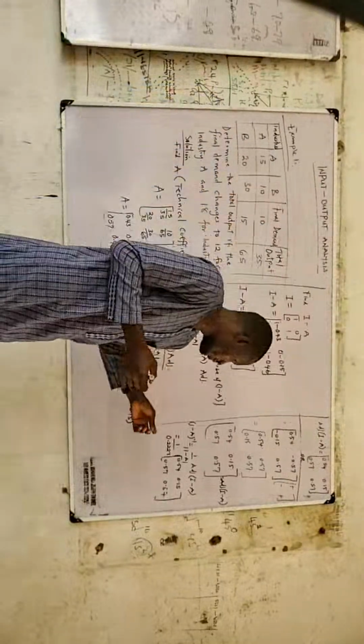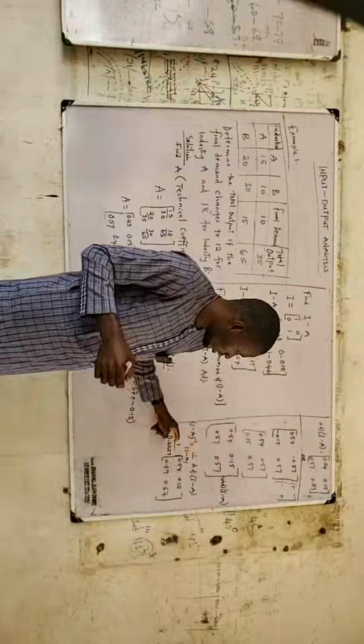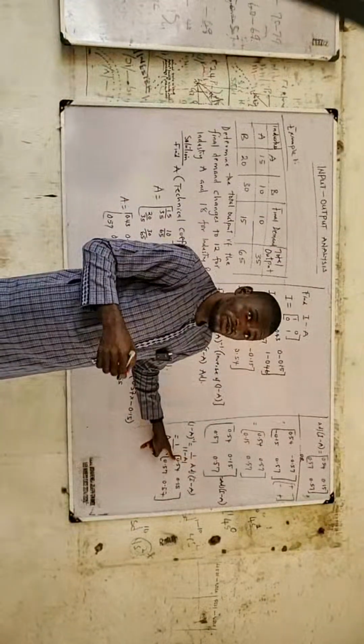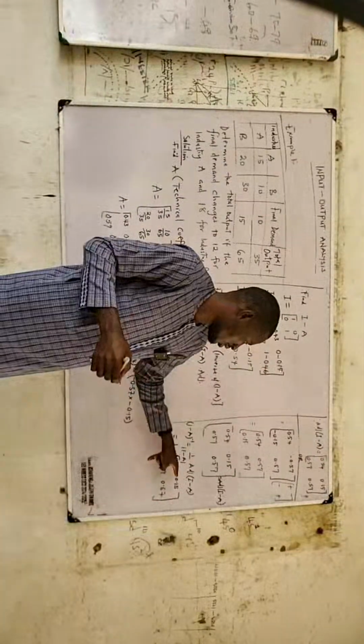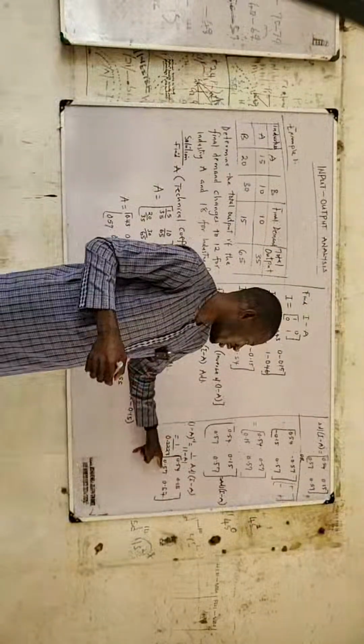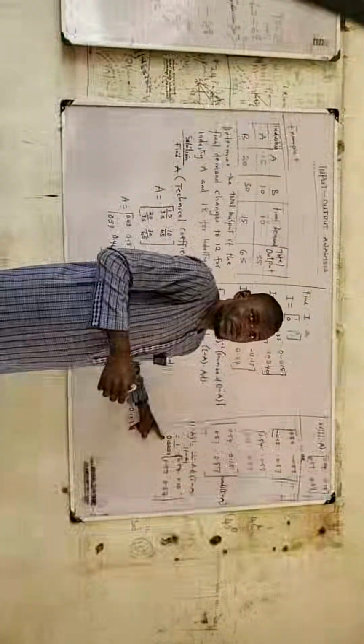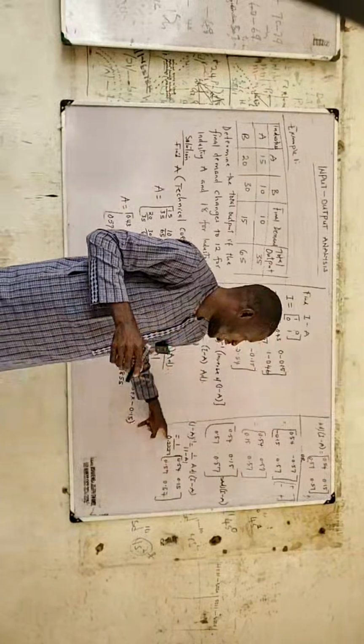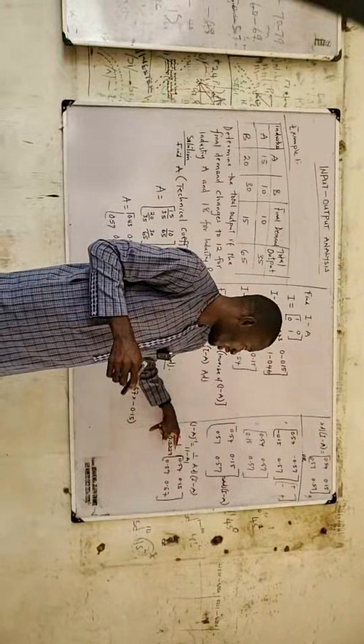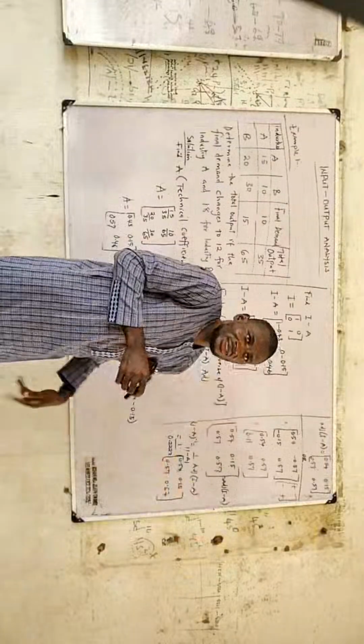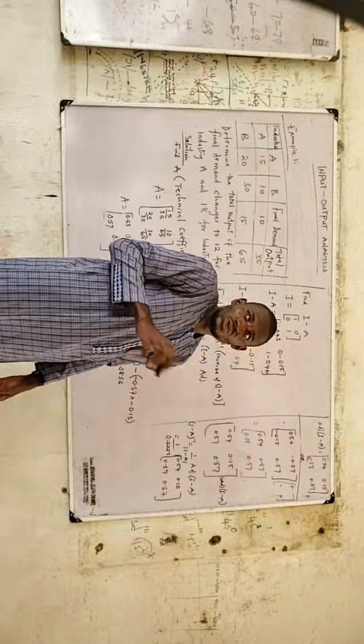So there are 2 ways of doing it. You can say 0.54 divided by this one, this one divided by this one, this one divided by this one. It's the same thing. Or you divide 1 by this, then multiply with everything inside.